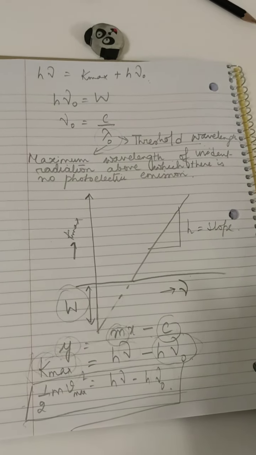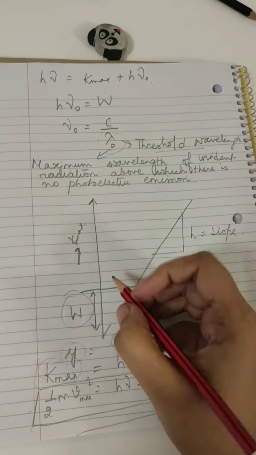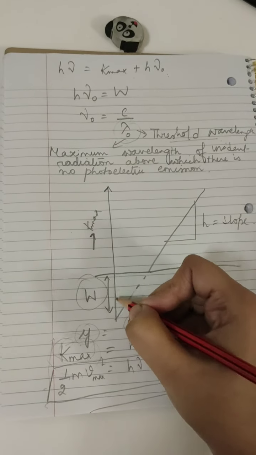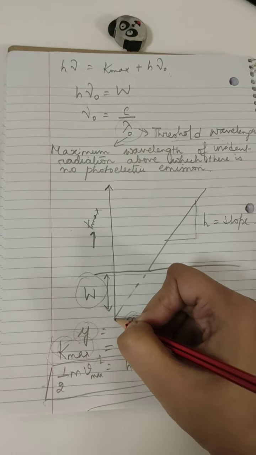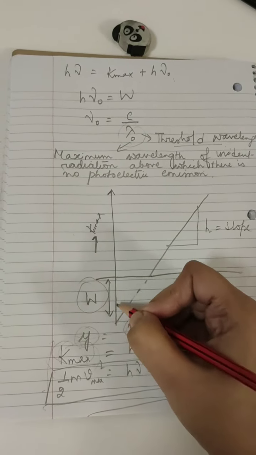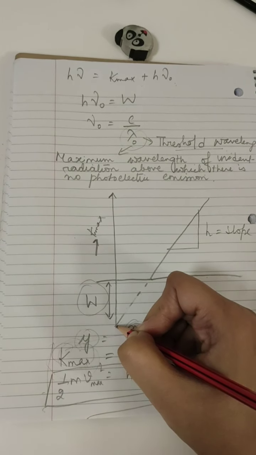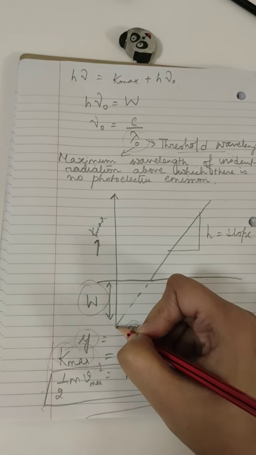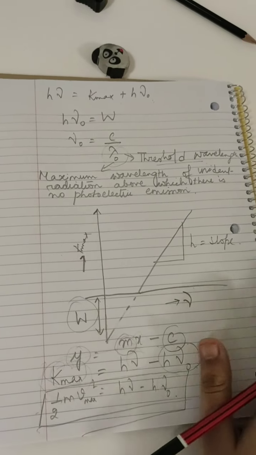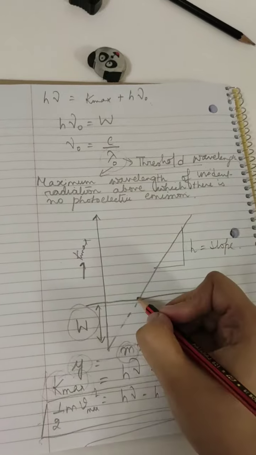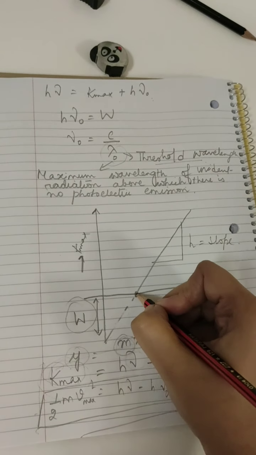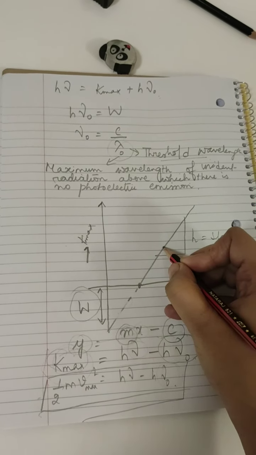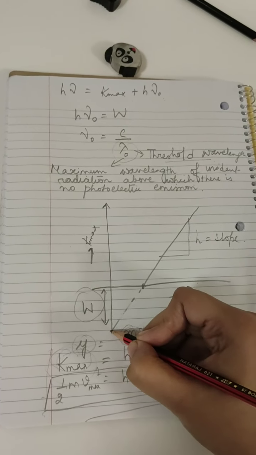So questions may come, a graph may be given, and I will do a similar question with you, but you may be asked to find out the work function from the graph, and you have to find it by seeing the intercept on the negative y-axis. And what is this point? This is the minimum energy above which there is photoelectric emission, and below which there is no photoelectric emission.